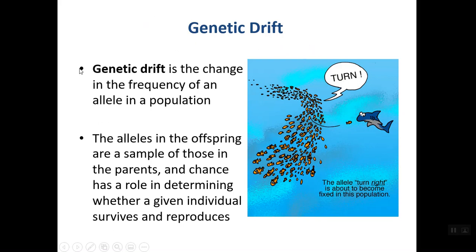Remember, the equilibrium model states that allele frequencies will stay the same over the course of generations if all those assumptions are met. Genetic drift is the opposite: it's a change in the frequency of alleles in a population. And there are many ways that this genetic drift can happen.